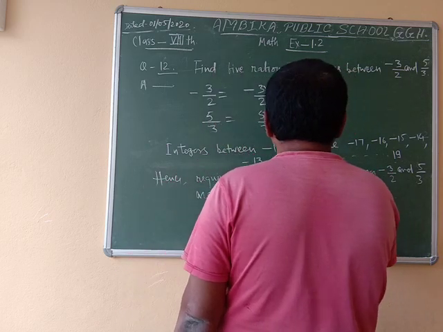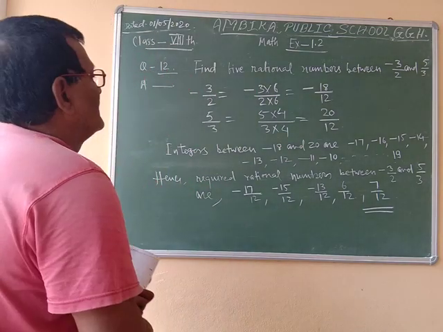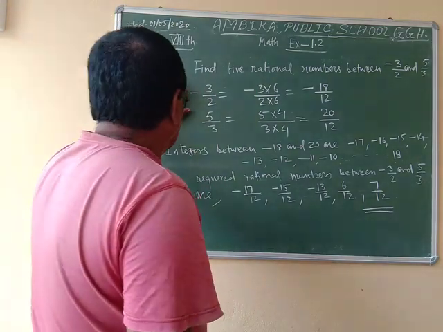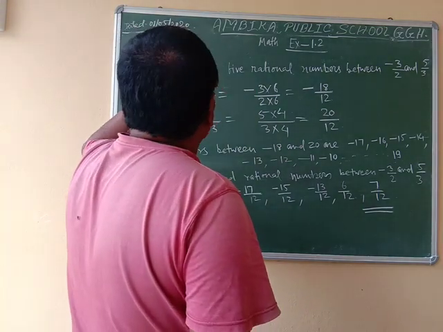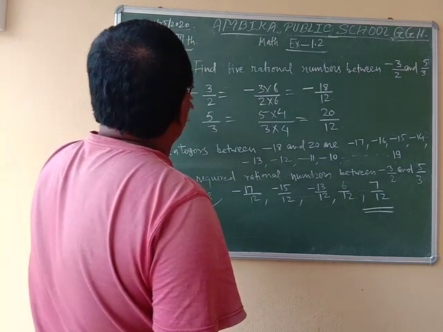Other rational numbers may be taken between minus 3 by 2 and 5 by 3.